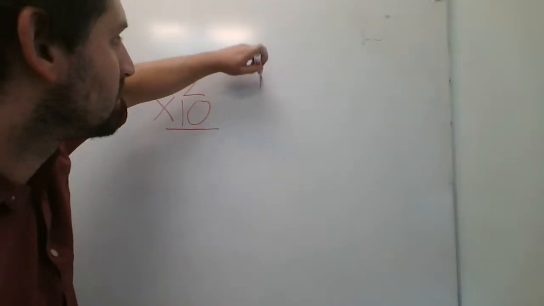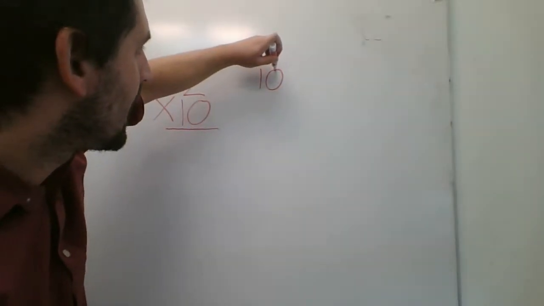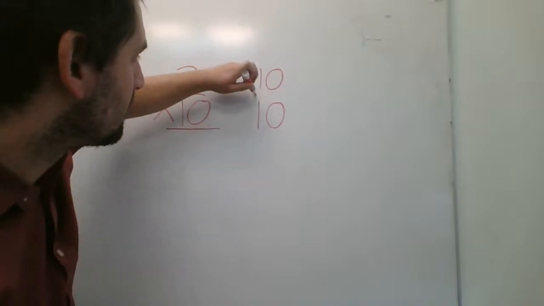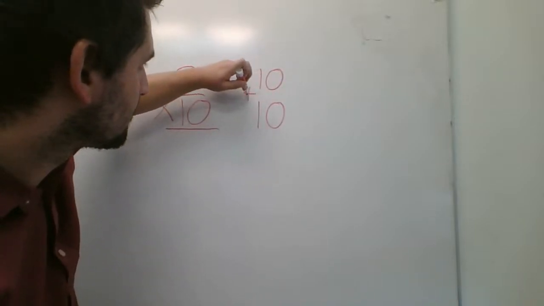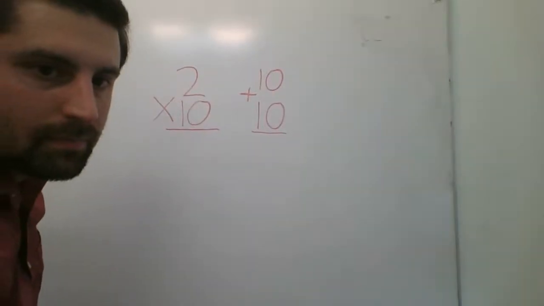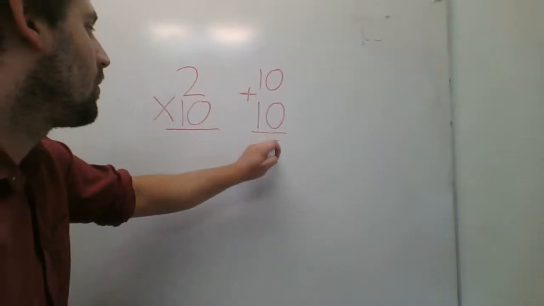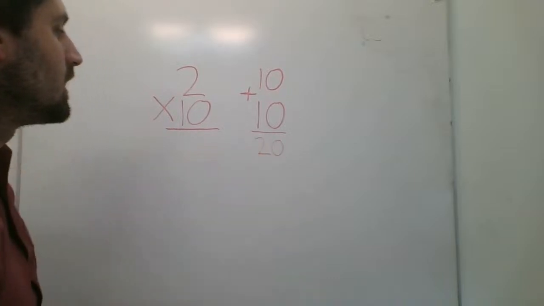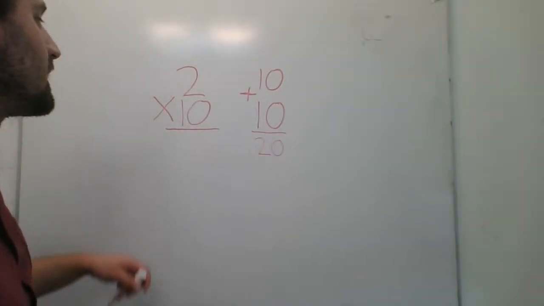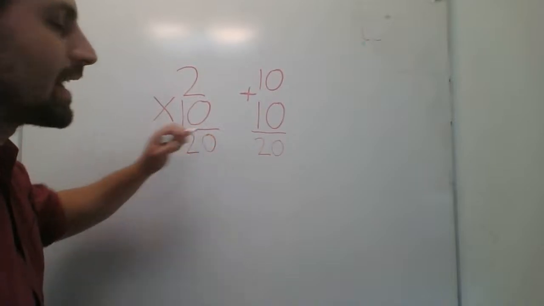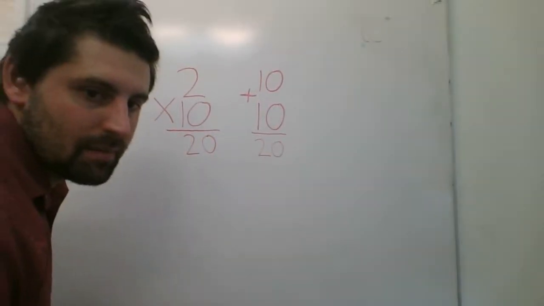If I were to write this multiplication problem as a repeated addition problem, it would simply be 10 plus 10. So 0 plus 0 equals 0. 1 plus 1 equals 2. And we have our answer. 10 plus 10 equals 20. 2 times 10 equals 20. I just added the number 10 twice. Got my final answer.